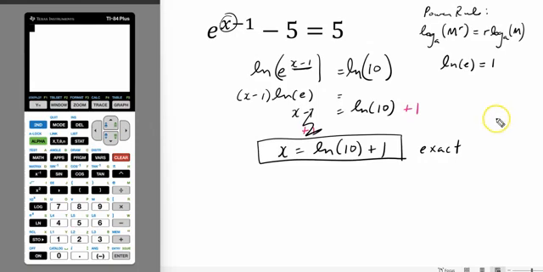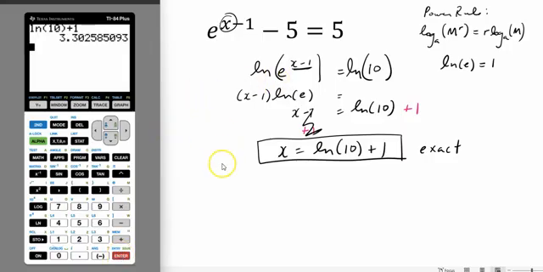Now, if we have an approximation, say to 4 decimal places, you might have different instructions, but I'm just going to put ln of 10 plus 1 into my calculator. So I'm going to click the ln button of 10 and then click plus 1.